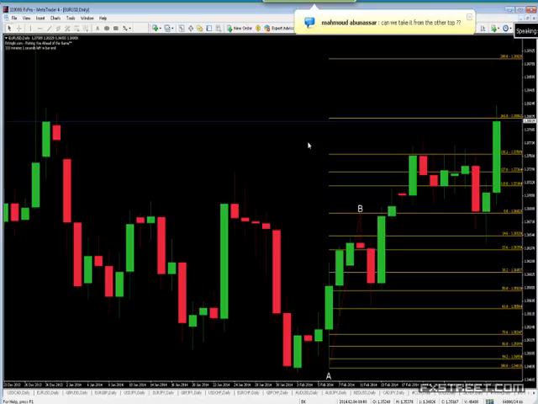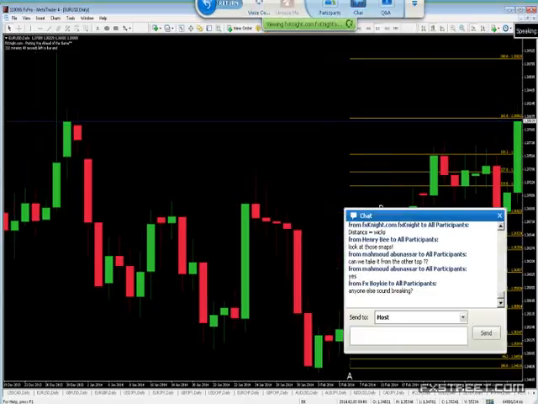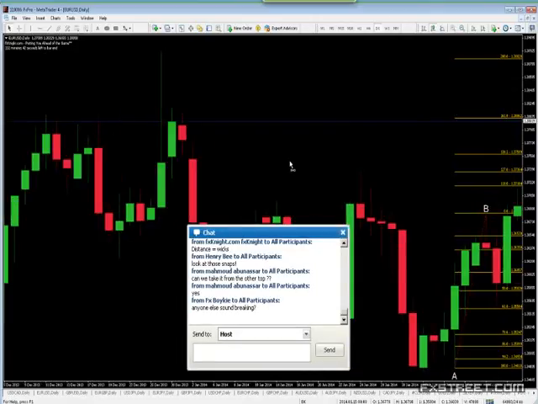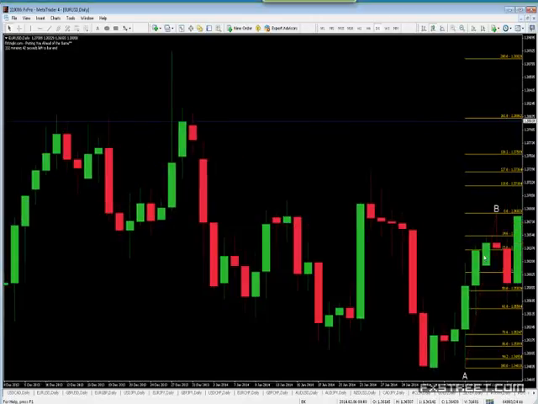Okay, Henry mentioned from the other top. Which one do you mean, Mahmoud? Up here? No. Let me show you why. Because remember, I said you use Fibs when you have a move, a pullback, and an indication of reversal.